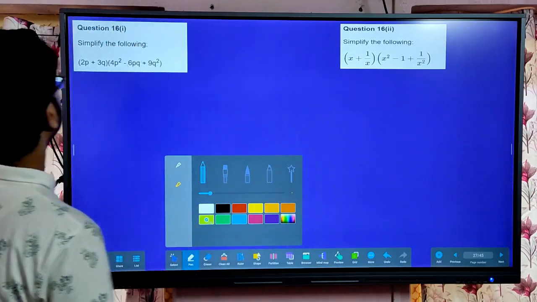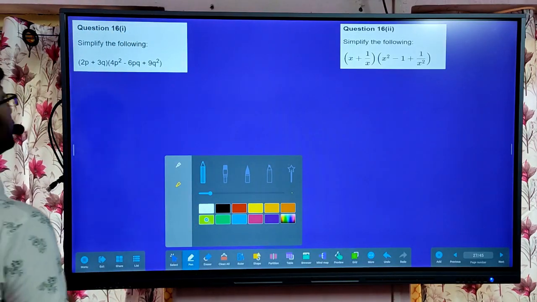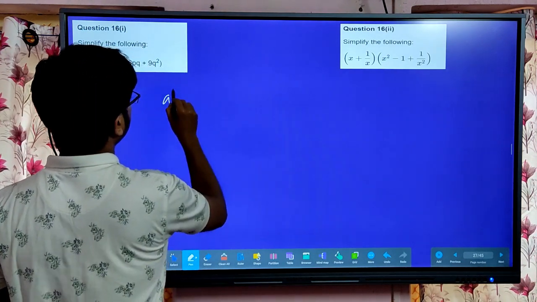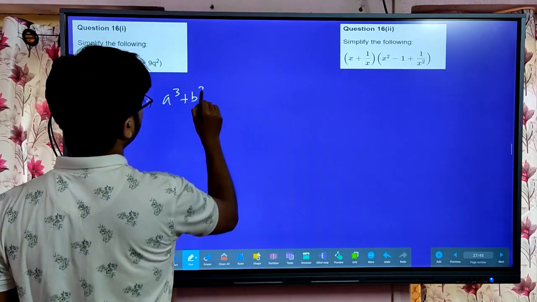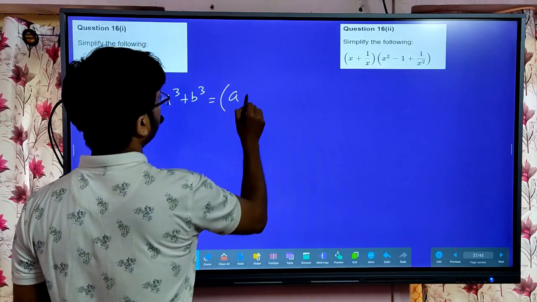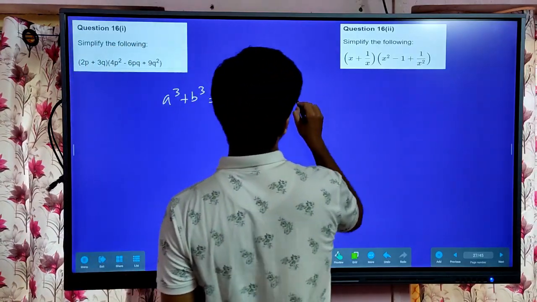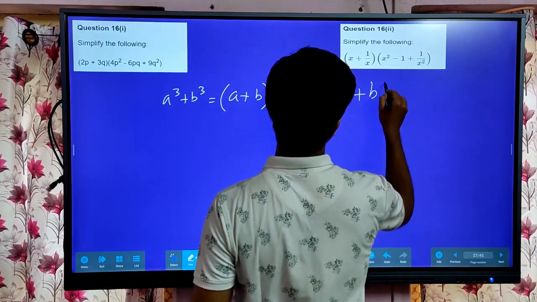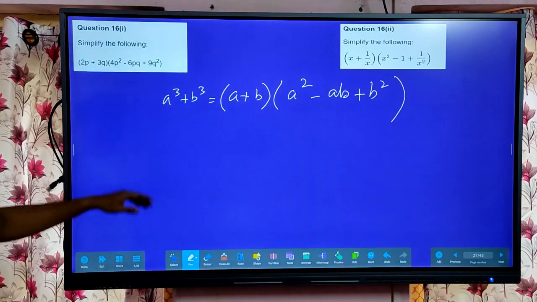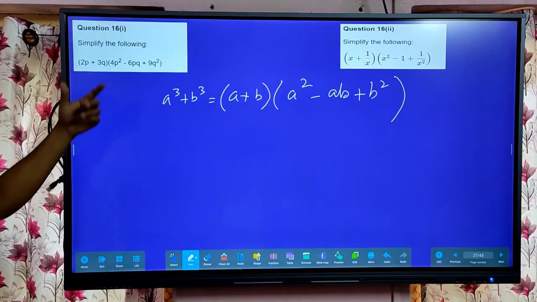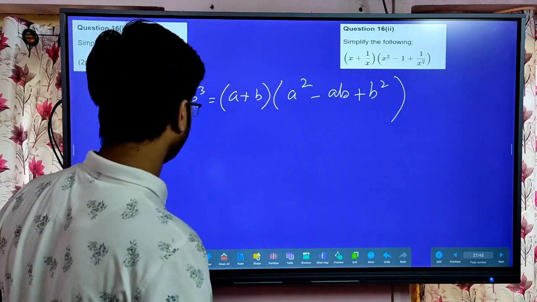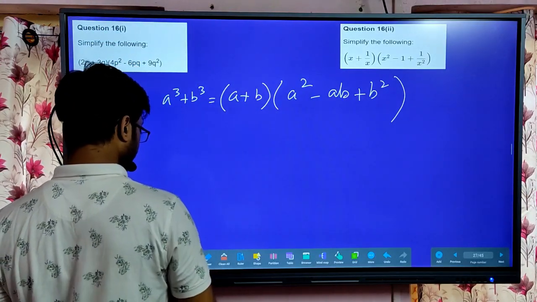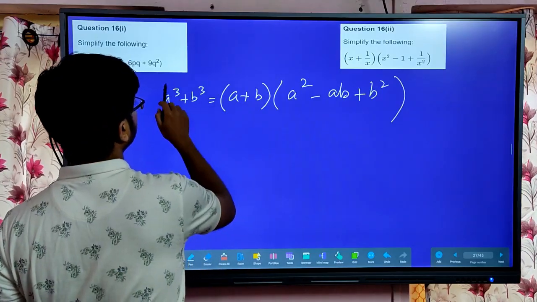That is a cube plus b cube. If you remember, what was the formula? It will be a plus b into a square minus ab plus b square. You see this is in this fashion only, the style is same. Now we have to identify what are the terms.